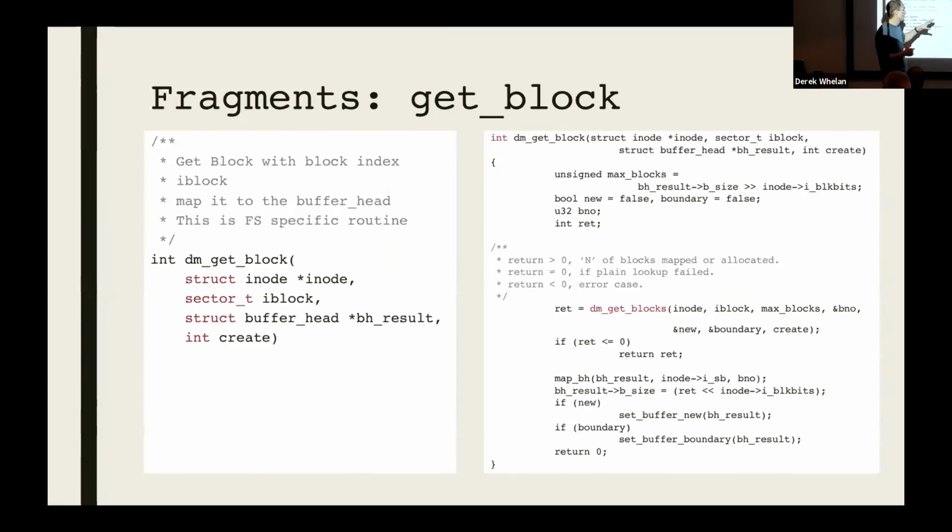In the simple implementation of this function, we need to calculate how many blocks we have in the page. So we need to do some bit shifting. We have another method which is much more complicated, get blocks. We basically get the maximum number of blocks which we would like to get. It also returns the number of blocks, and provides some information if there is any error, if we didn't find anything, or if we successfully mapped a number of different blocks.